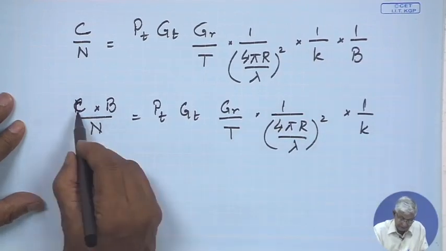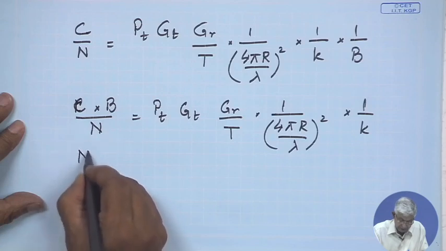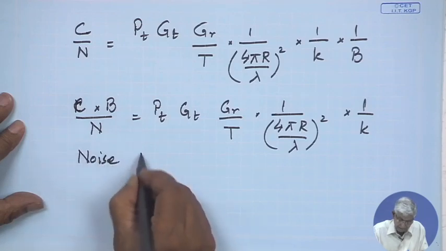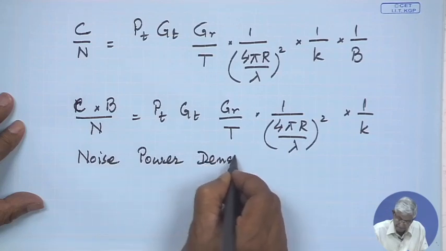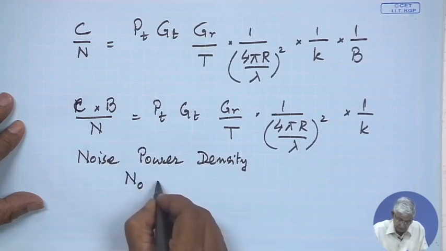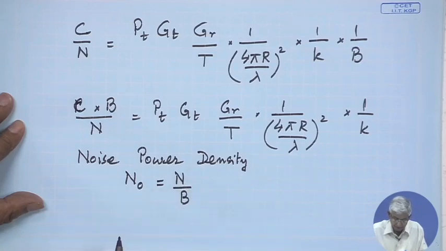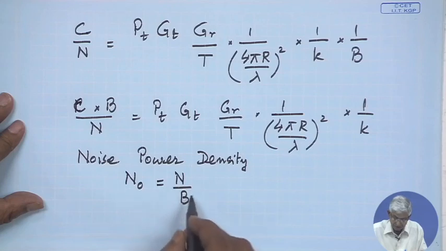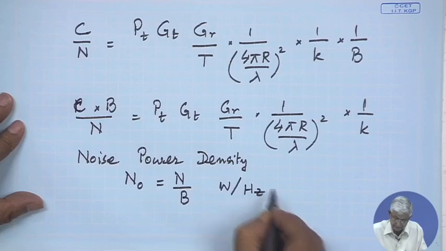This C into B by N, I can rewrite in terms of a noise power density. In hertz, I call it N0 as N by B, noise power by the total bandwidth. So it is watt per hertz.